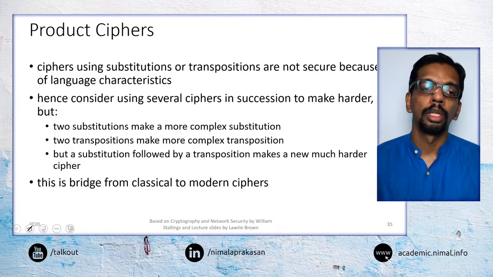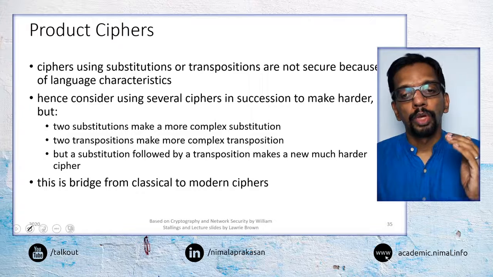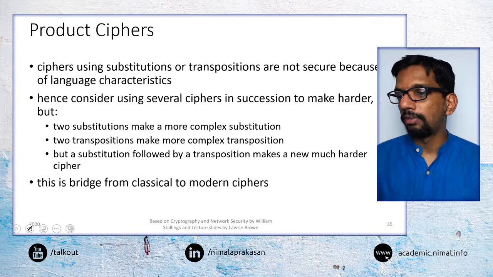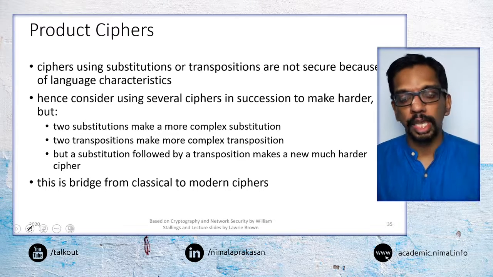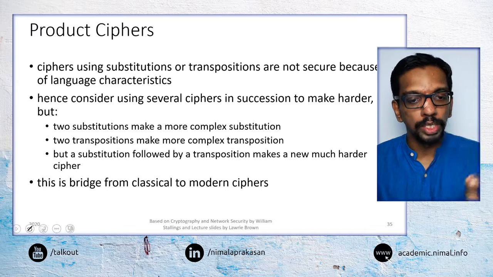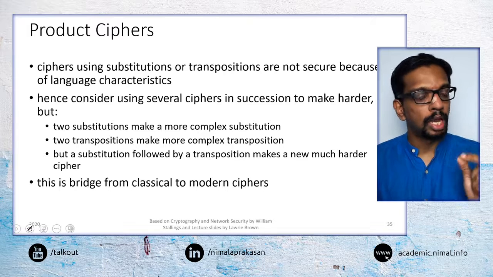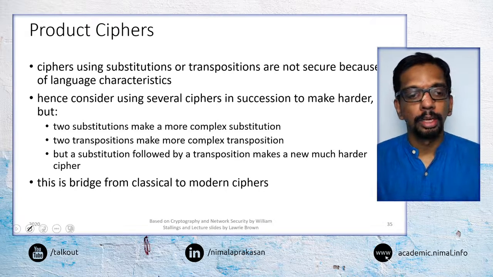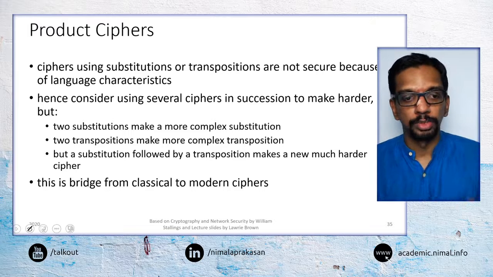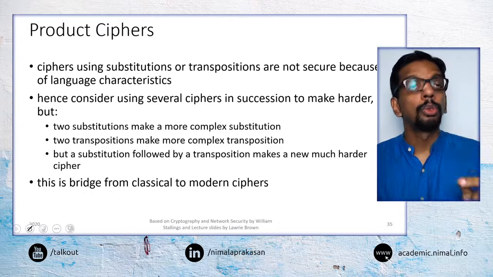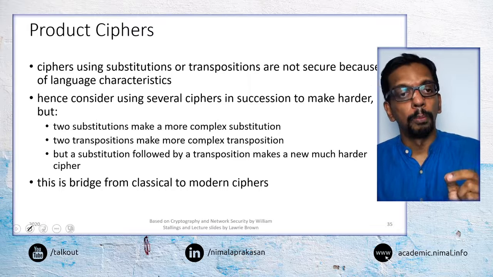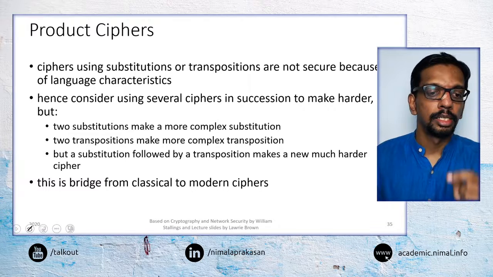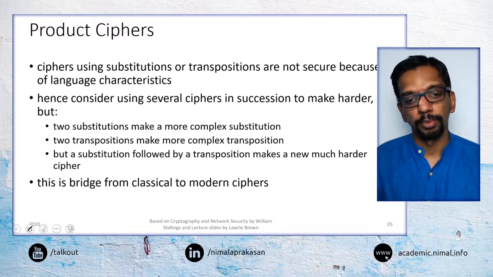So an alternative approach, instead of using just one of these ciphers, is to make them more complex by combining two of them. We can use two substitution ciphers, and that would be more complex than a single substitution cipher.